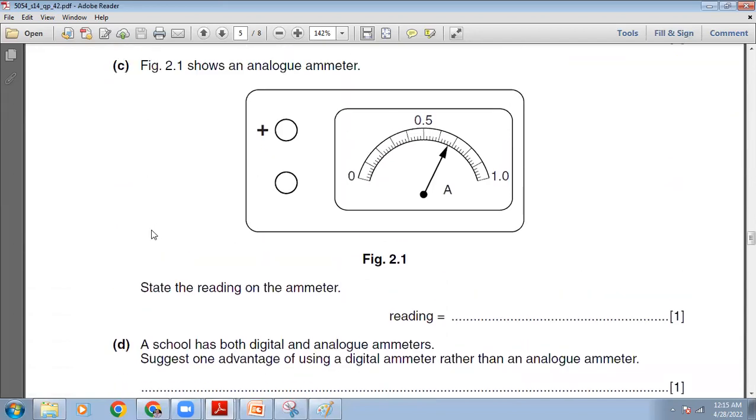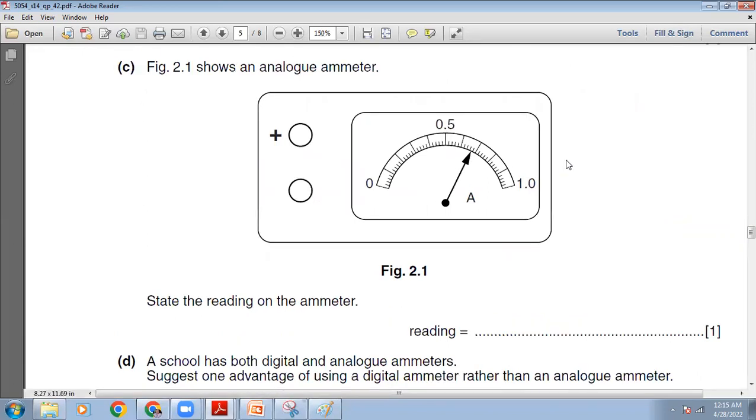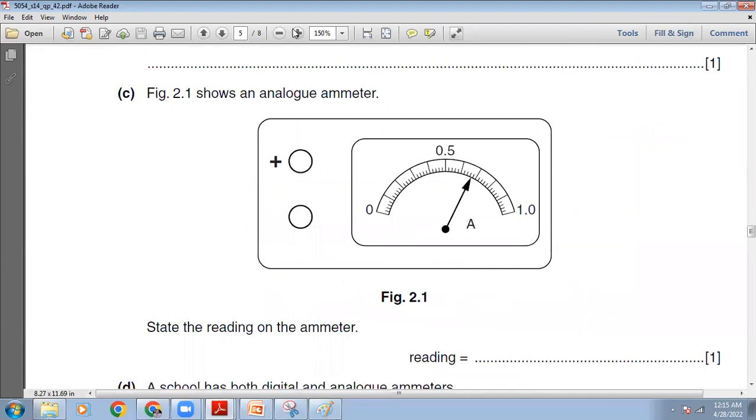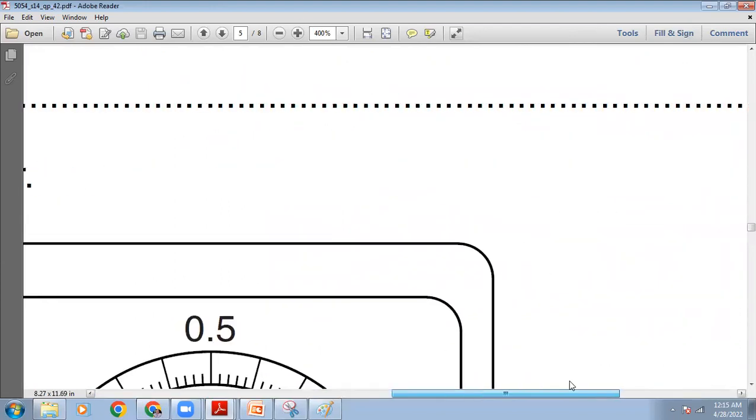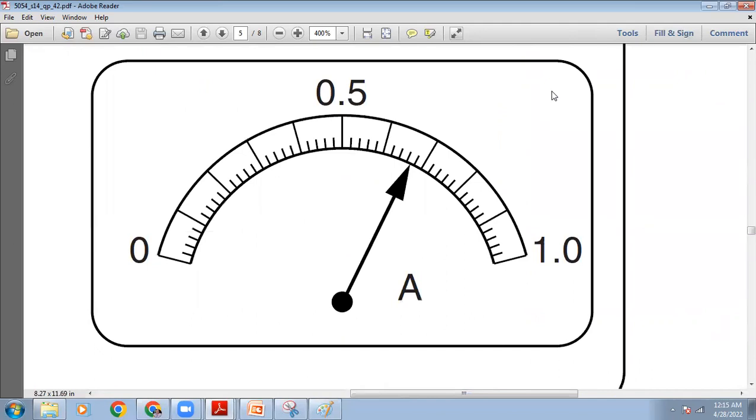It says figure 2.1 shows an analog ammeter. State the reading on the ammeter. Okay, so what is the reading? This is 0.1, 0.2, 0.3, 0.4, 0.5, 0.6, and this is 0.7. So 0.6, 0.62, 0.64, 0.66, and 0.68, and it's between them.